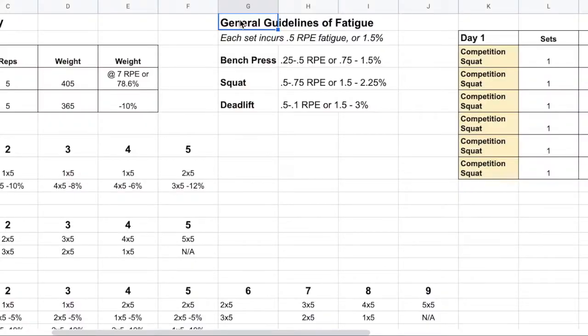So for instance, let's say we have a squat max of 400. After we do a set, if we fatigue, our squat max can no longer be 400. We fatigued by a certain percent. So I have a general guideline, very general, that each set incurs about 0.5 RPE. And like we saw on the chart before, we can see what an RPE or a percentage means when it comes to reps. 0.5 RPE is about 1.5%.